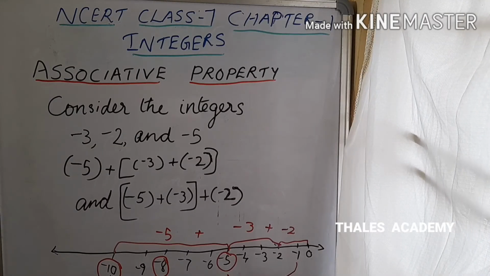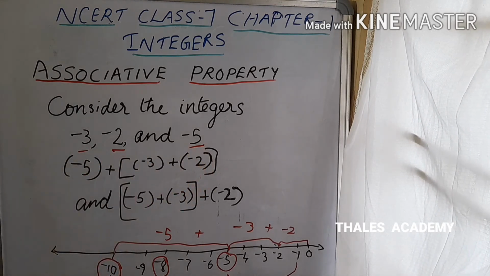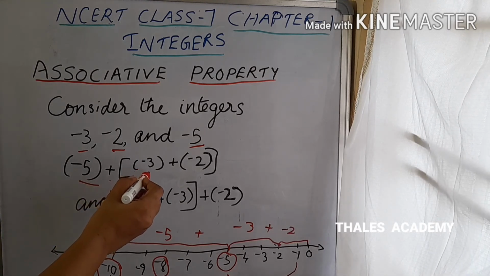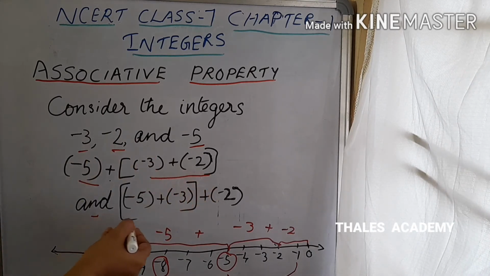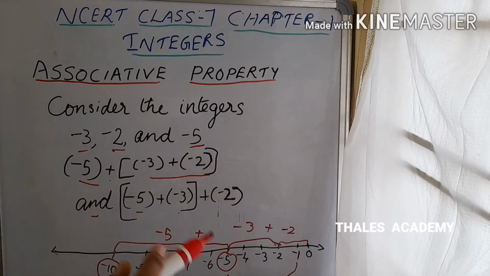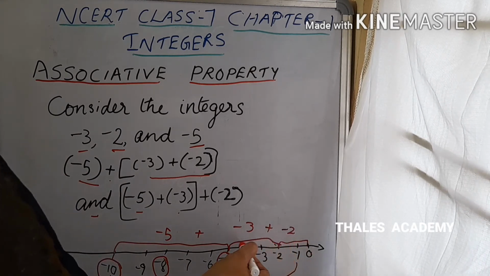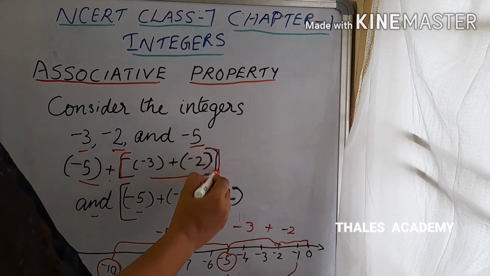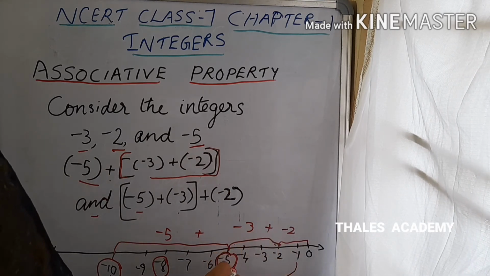Associative property. Consider the integers minus 3, minus 2 and minus 5. If we add minus 5 plus minus 3 plus minus 2, in the first case we add the integers in the bracket, that is minus 3 plus minus 2, we get minus 5.